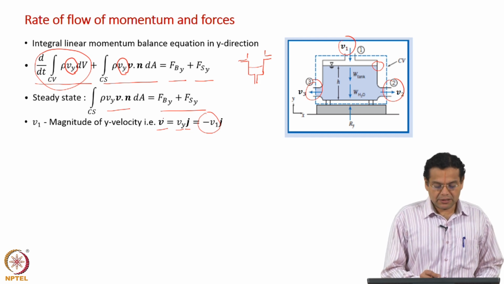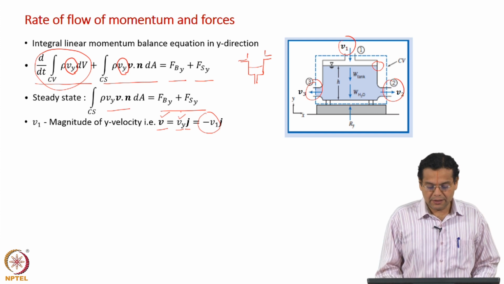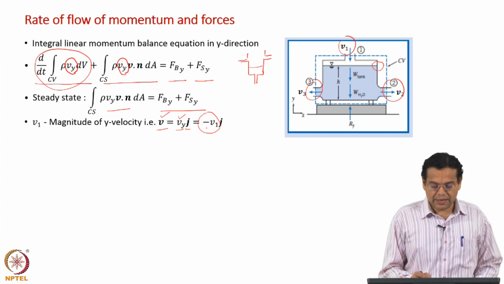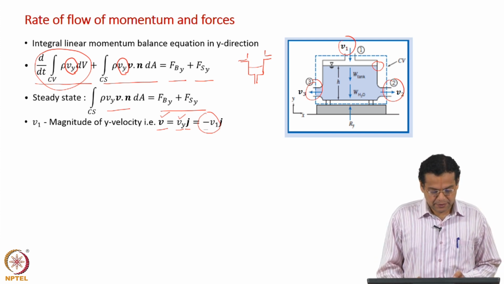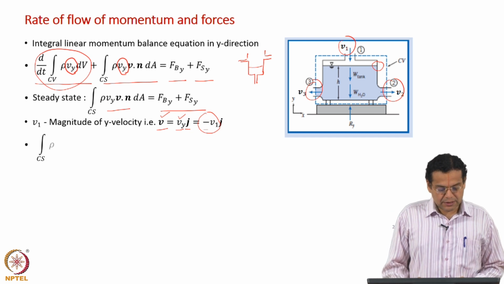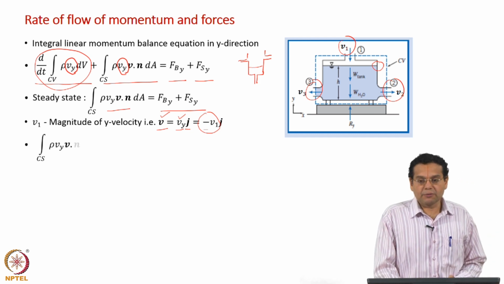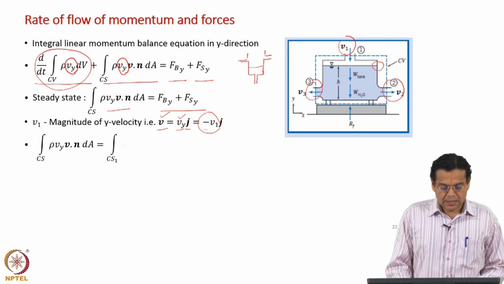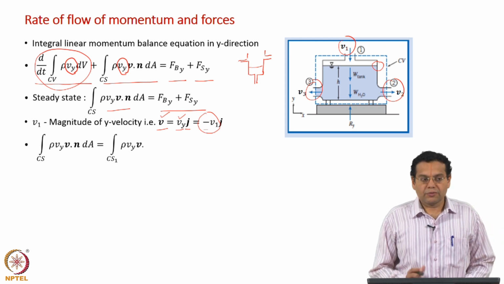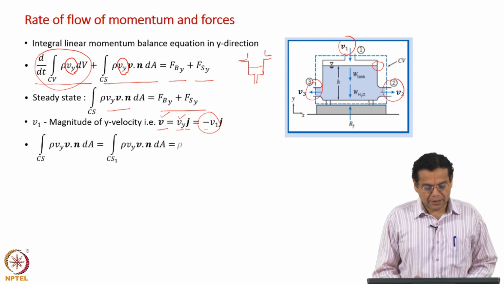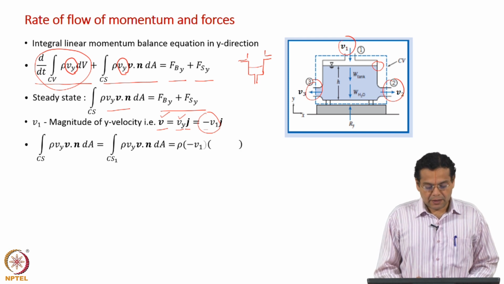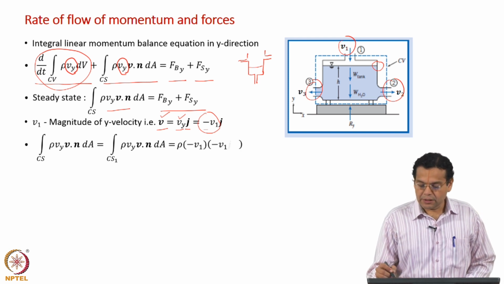Okay. So the velocity vector is in terms of the component y, V y is a component of velocity, but V 1 is a magnitude. So we write it as minus V 1 j. Now, let us compute this convective momentum term. As I told you, the momentum flow which contributes along the y direction is only this flow.